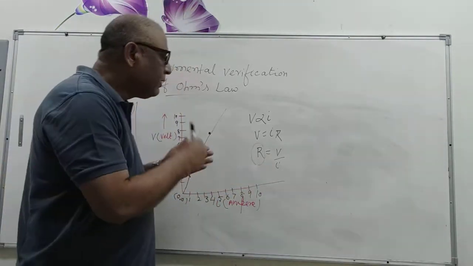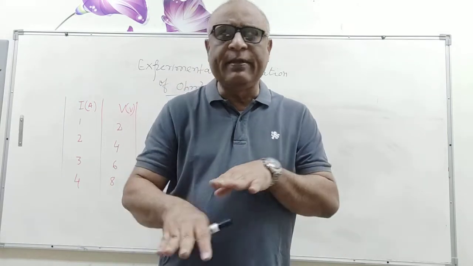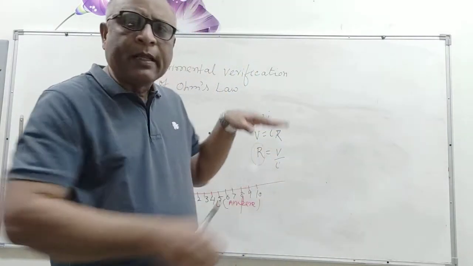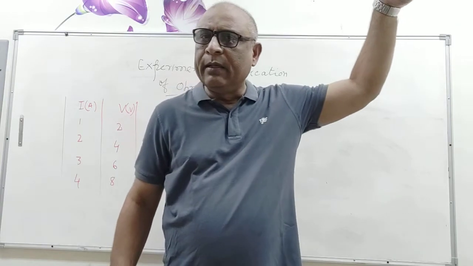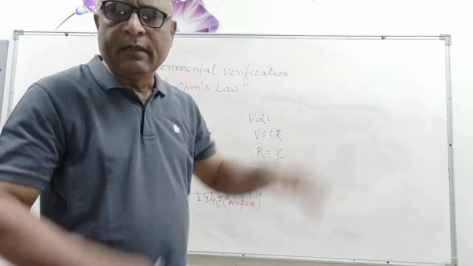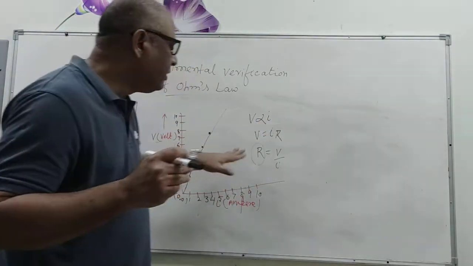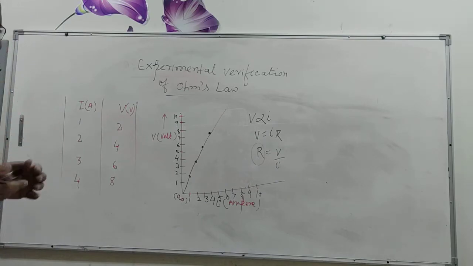So the value of R changes based on the temperature. I will discuss later in detail that if temperature is high, then resistance of a conductor is high. If temperature is low, then resistance of a conductor is low. So R is equal to V upon I.